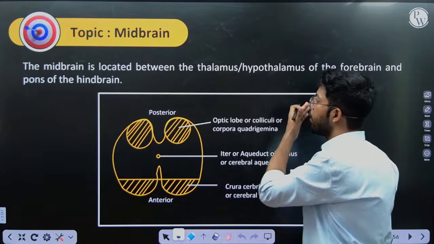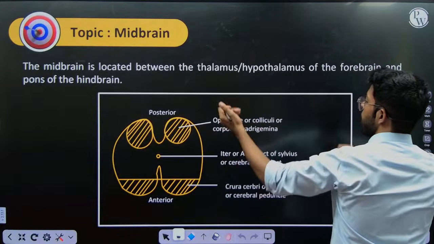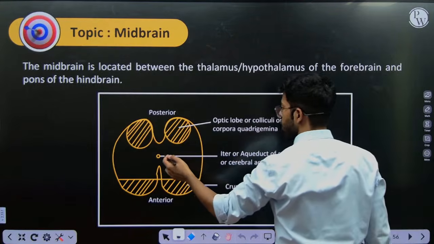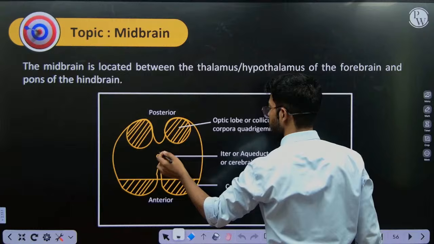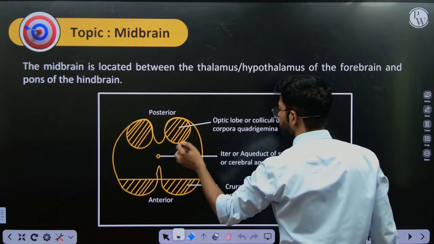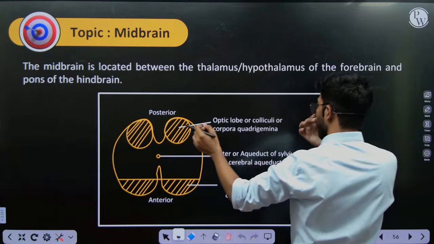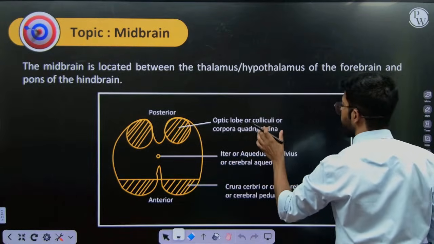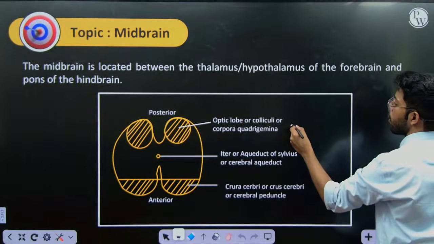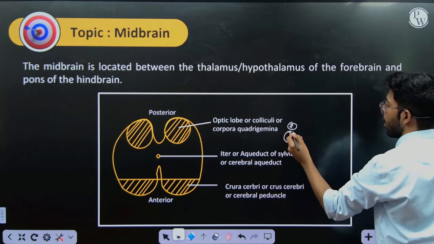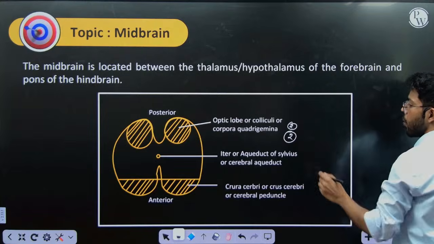Now the midbrain. The midbrain is characterized by this iter, or aqueduct of Sylvius. This is the duct through which the CSF can pass, and in the posterior part we have the four corpora quadrigemina, two upper and two lower.